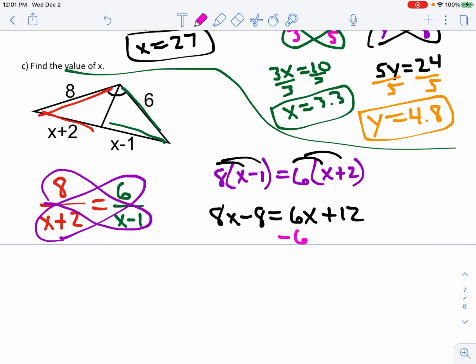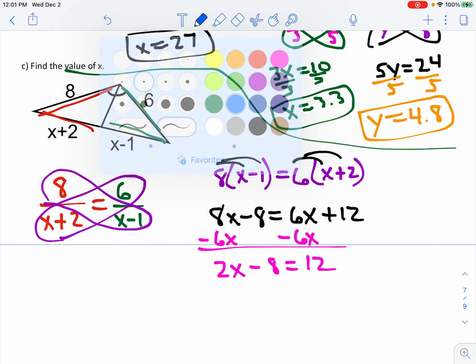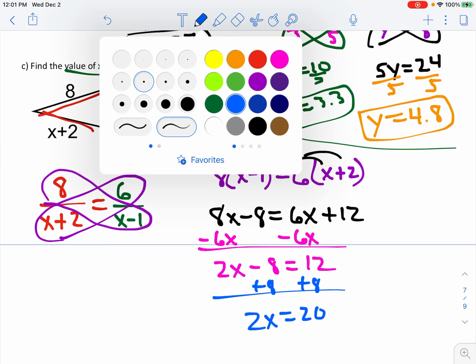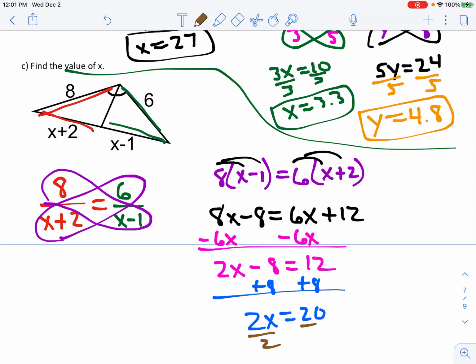All right, let's solve it. Let's subtract 6x over. I'm left with 2x minus 8 is equal to 12. Let's add our 8 over. 2x is equal to 20. And last, I'm going to go back and divide by 2, and I get x to equal 10.